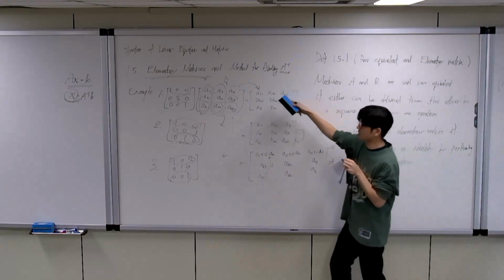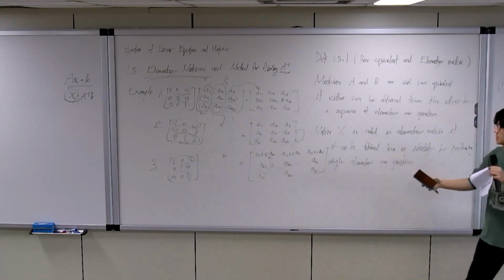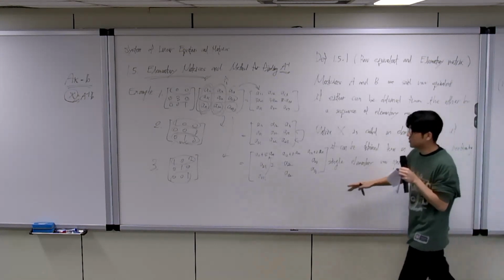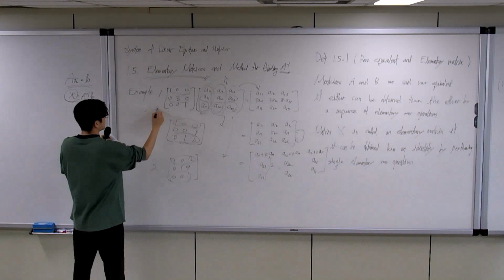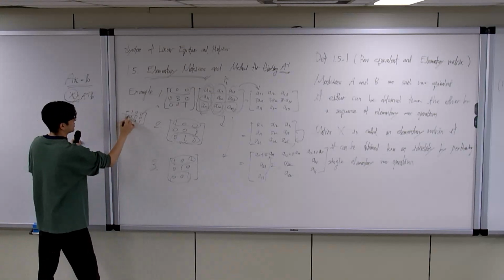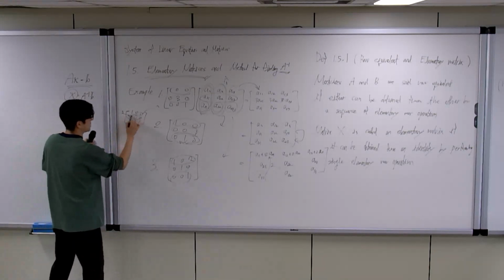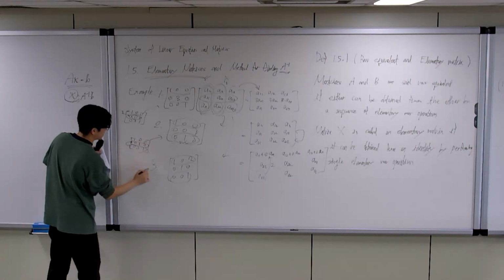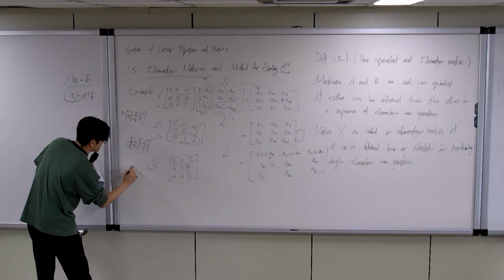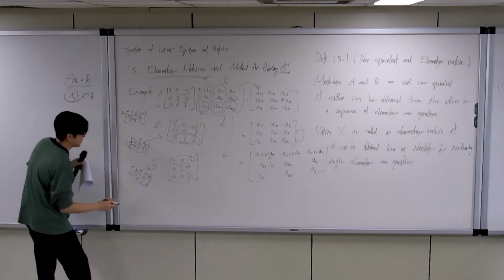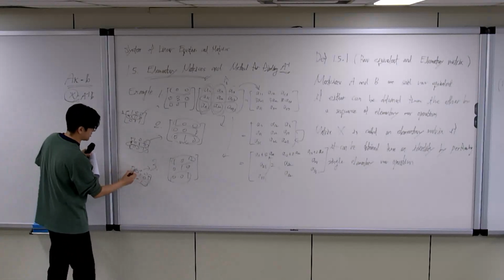So these 3 operations are elementary matrices, and actually by performing one operation, this is from the identity matrix by multiplying 3 to the second row, and it was from the identity matrix by changing the second and third row, and it came from the identity matrix by multiplying 2 and by adding to the first row.